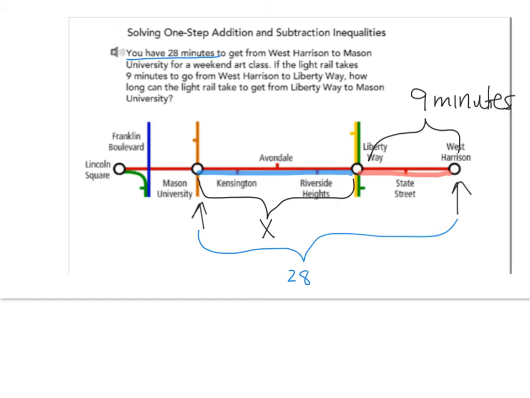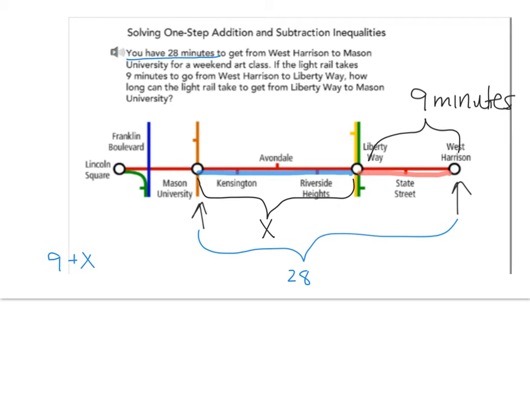So let's set up our equation now. I know that I have 9 minutes to go from West Harrison to Liberty Way, and then I have to go X amount of minutes to get from Liberty Way to Mason University.